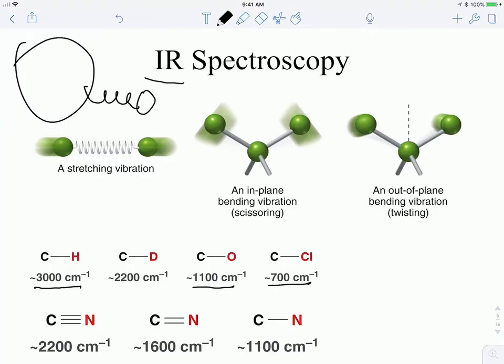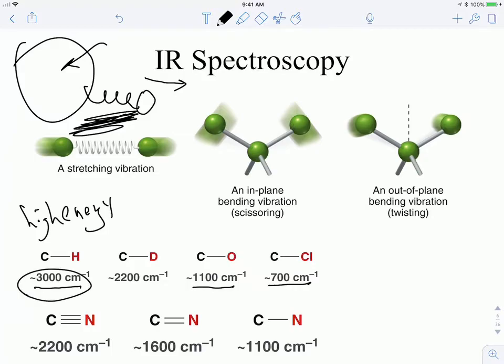If we pull this atom back and let go, it's going to vibrate really fast because this atom right here is not really going to be moving at all. So that's going to be a fast vibration, which is high energy. So to summarize, a small atom attached to a big atom is going to be a fast vibration, and we're going to see that over here at 3,000 wave numbers.